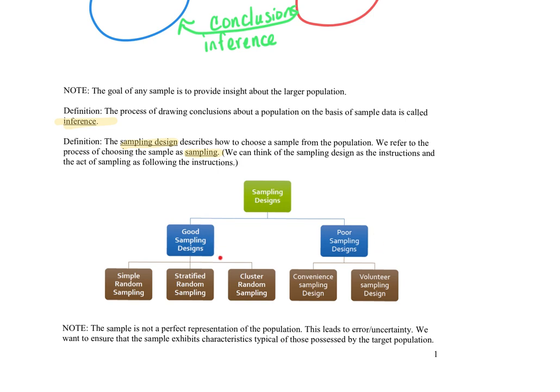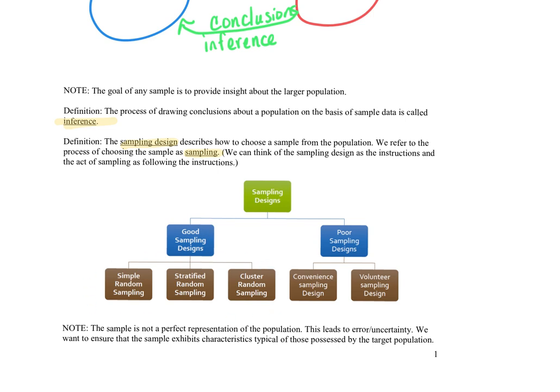Examples of good sampling designs: you could have simple random sampling, stratified random sampling, and cluster random sampling. I can talk, I promise you. Poor sampling designs: you can have convenience sampling design and volunteer sampling design. We're going to talk about good sampling designs for a minute.